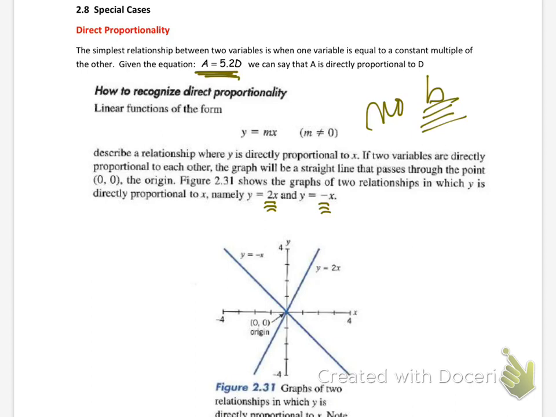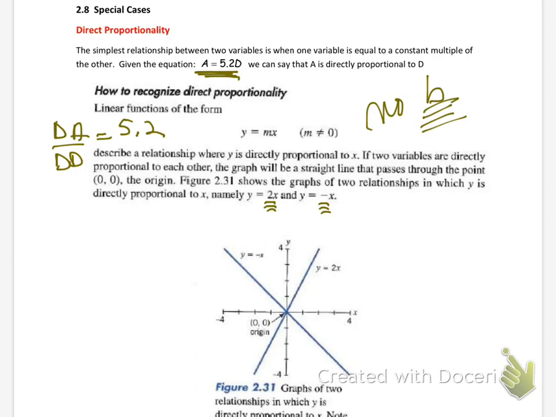So what is the slope? How are things changing? So change in A over change in D equals 5.2. So for every 1 unit increase in D, A changes faster by 5.2. Okay, so that's a direct proportionality relationship.